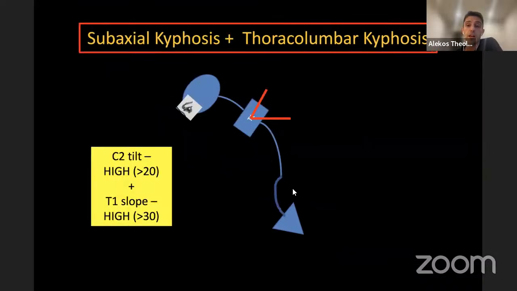Now, for those patients who have a combination of the two, which is a patient who may end up with a cervical to pelvis fusion, at least primarily, those have a combination of the two. So they have a high T1 slope driven by their thoracolumbar deformity, and then they'll have a high C2 tilt as a result of their compensation to the upper cervical spine.